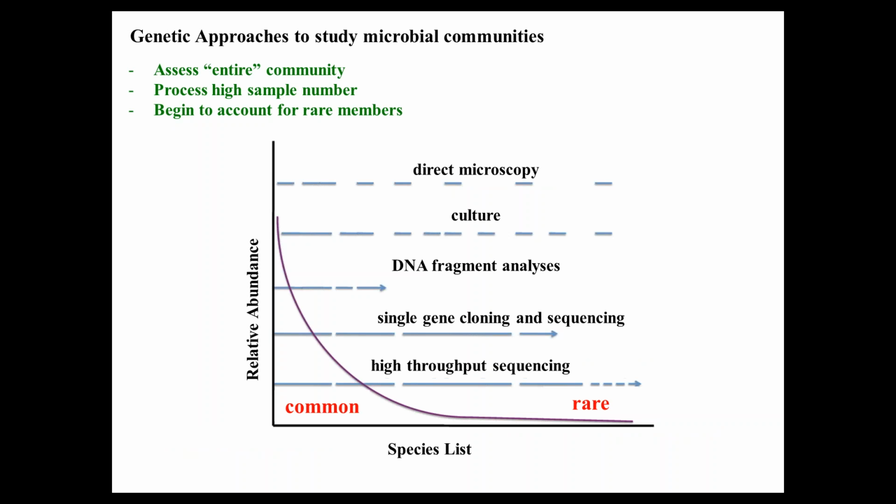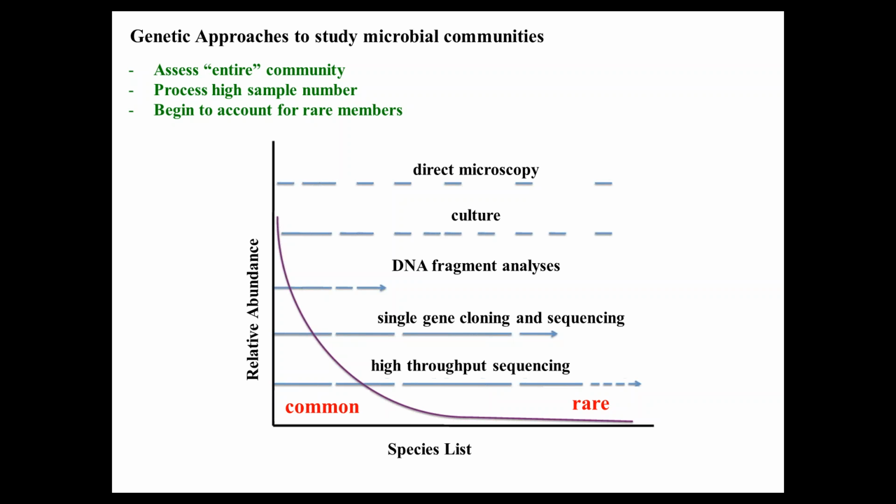You might be forced to use different techniques, from flow cytometry to larger microscopy tools. And it might also be that some of these organisms don't preserve very well. Now, with genetic approaches, we're getting a little bit more independent, and we can assess entire communities and process a higher number of samples to resolve spatiotemporal scales better. And we're also beginning to account for some members that are not necessarily abundant.